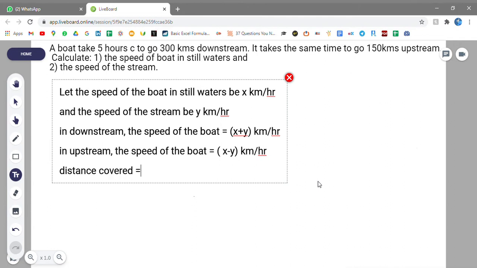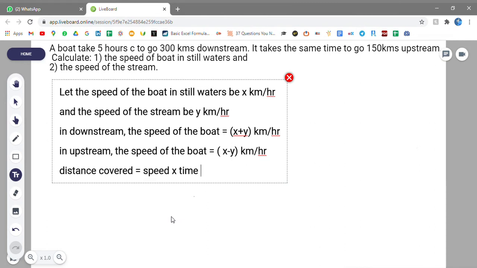The formula for the distance is nothing but speed into time. We know the speed that we have defined, x and y, and we know the time and the distance covered, 300 kilometers and 150 kilometers. So let us apply all that and derive the equation.